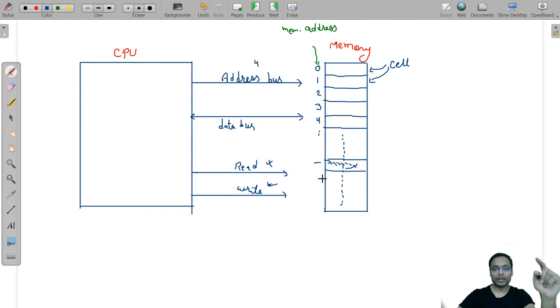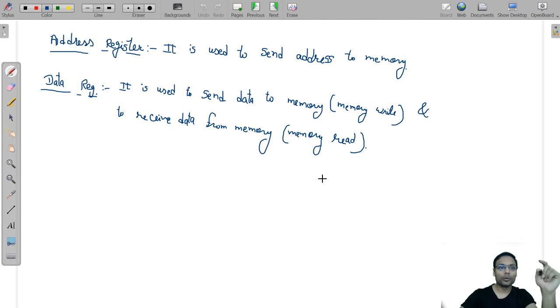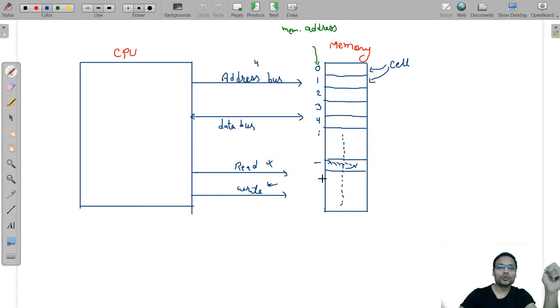Right? Now, let's come to this particular point. Where are the address register and data register we were talking about? Where are those two things? Now listen, when a basic system design is there, this address bus starts from the address register.